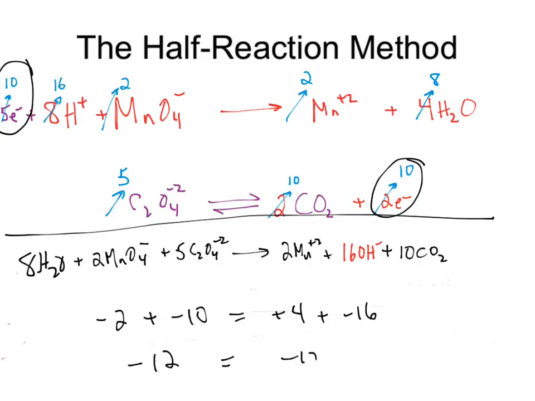This equals negative 12. Hallelujah! It's balanced. We now have our reaction under basic conditions. That's what you're dealing with when you're balancing half reactions under acidic and basic conditions. Does that make sense? Okay.